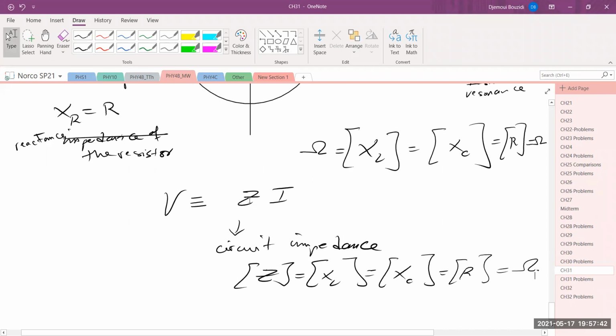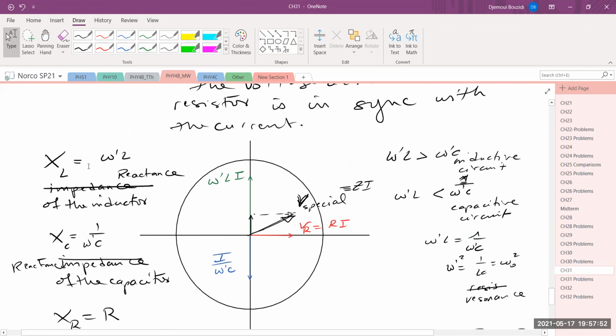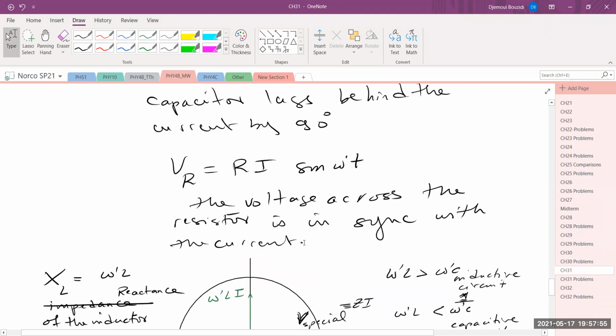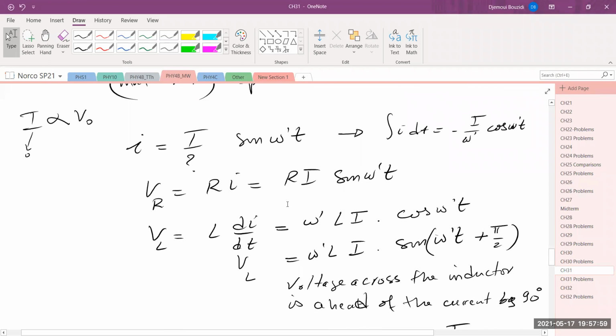Because it's a voltage divided by current, it looks like Ohm's law, okay? Everything looks like Ohm's law, because even for the voltage across the inductor, what is the voltage across the inductor here? It's this number, which is XL times cosine, and cosine can be only +1 or -1 at most, and anywhere in between them, okay?